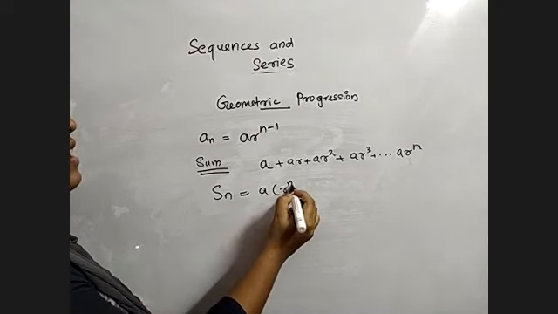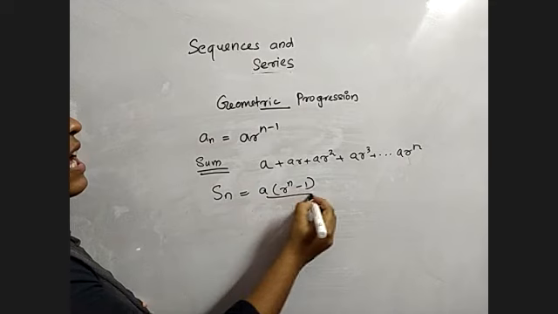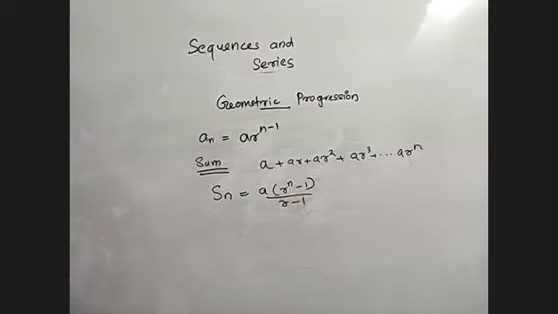The sum of n terms is Sn is equal to a into (r raised to n minus 1) by (r minus 1). So this is the sum of n terms of a GP.